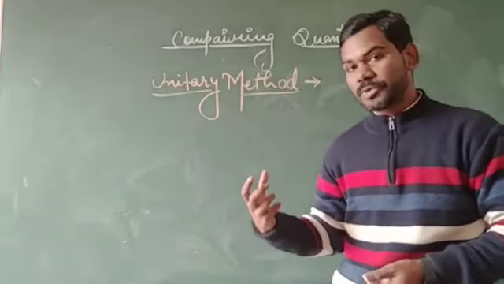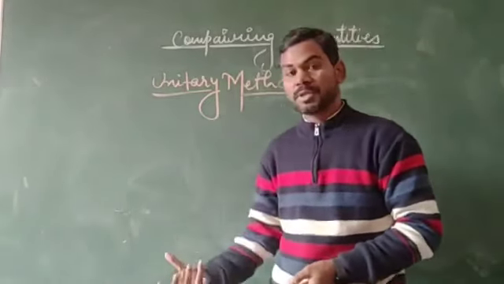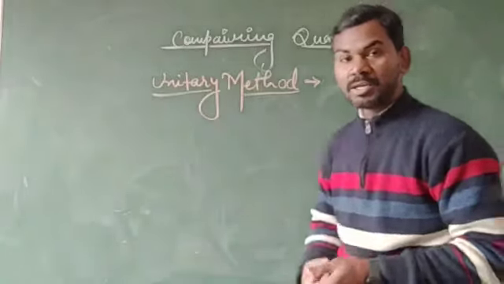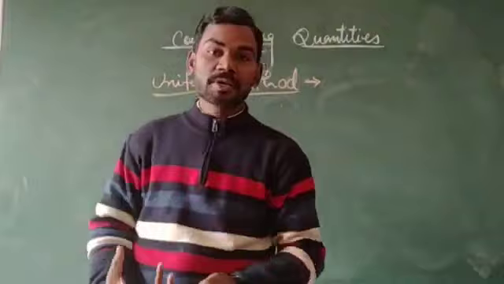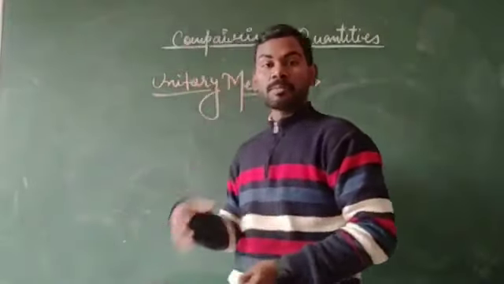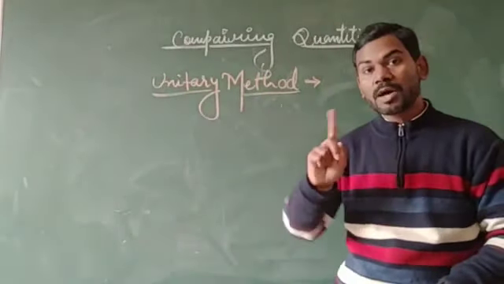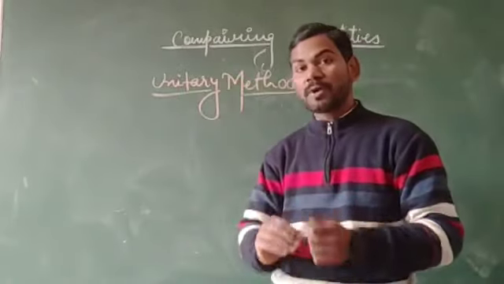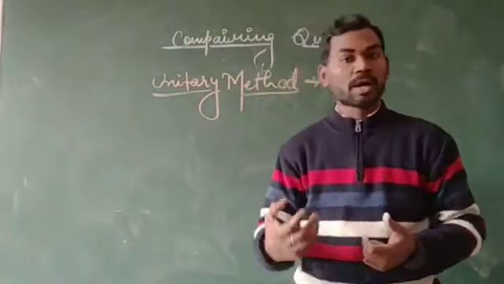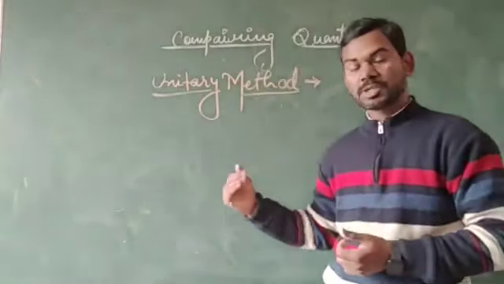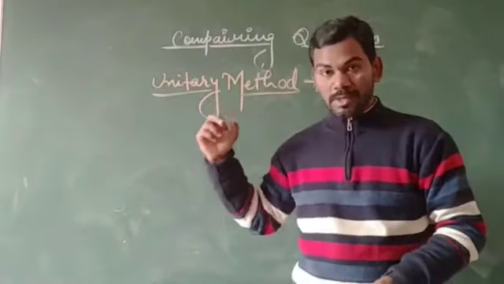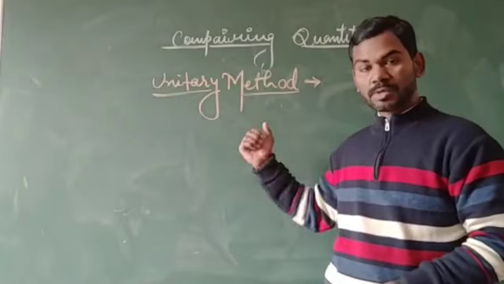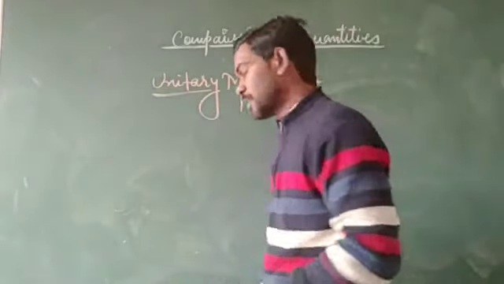So this is the definition. What does the definition say? We find out the value of a desirable number of articles by getting the value of one article from a certain number of articles. Let us understand the unitary method by an example.